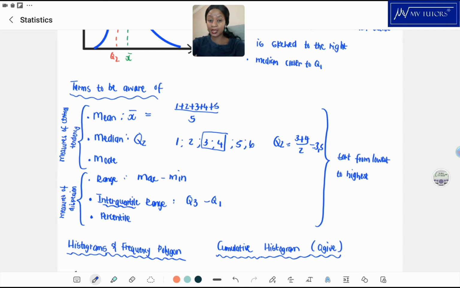So Q3, which is at 75% of your data, or 3/4, and Q1, which is at 25%, or 1/4. So the interquartile range would be Q3 minus Q1.